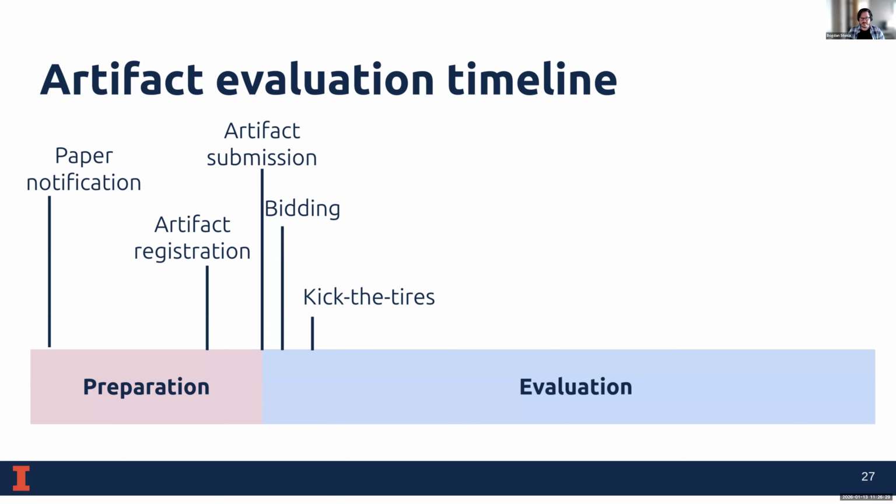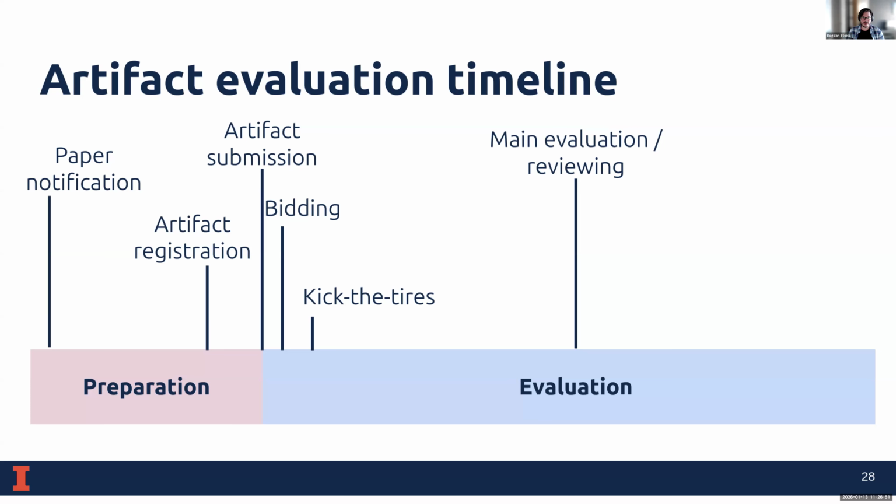So once this stage is done, reviewers are encouraged to get on with the main evaluation and reviewing, where they actually go and exercise the entire functionality of the artifact, and they try to reproduce the figures, the tables, the measurements, the results of the paper.